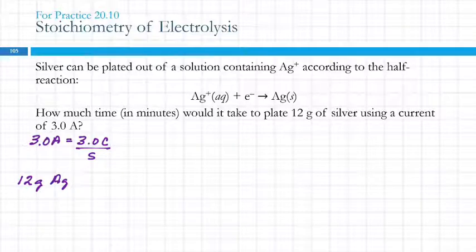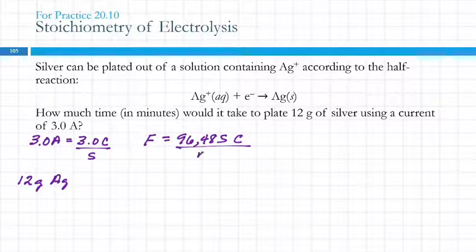And then we've got Faraday's constant, coulombs per mole of electrons. So this allows us to relate charge to moles of electrons.